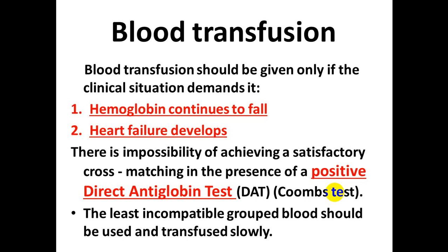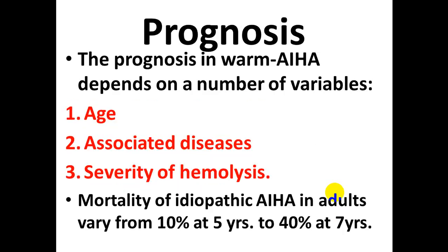The Coombs test is positive in autoimmune hemolytic anemia, and it is the main method of testing compatibility in blood transfusion, and it is already positive in this patient. But the least incompatible grouped blood should be used, under monitoring, and the transfusion should be given slowly.